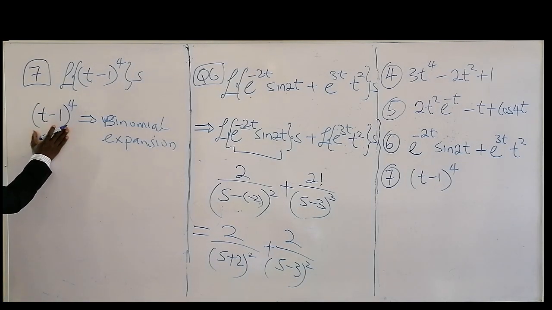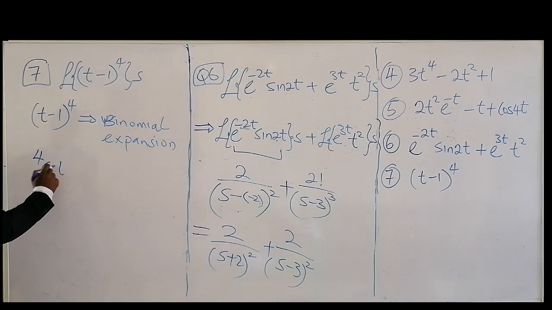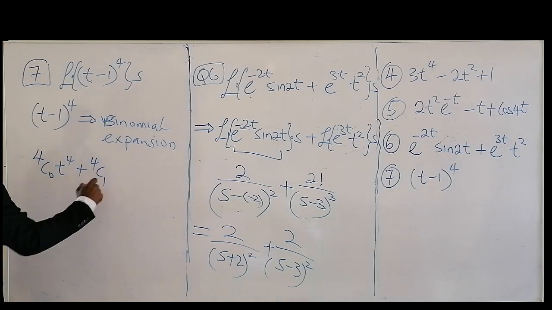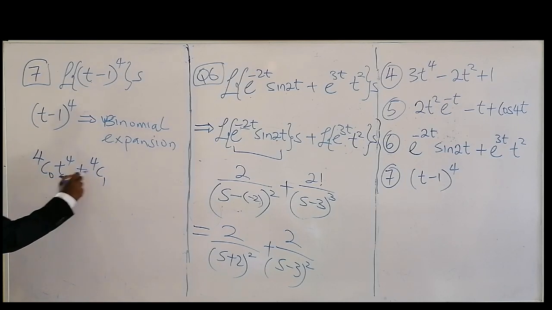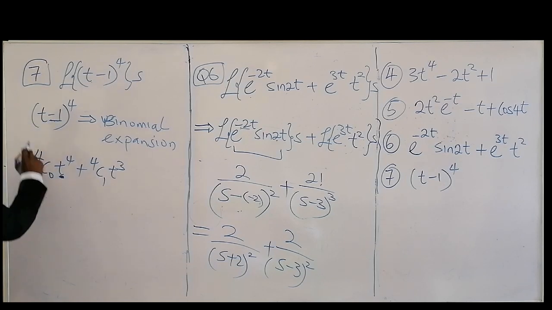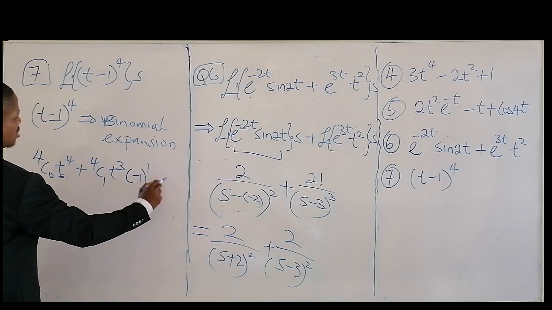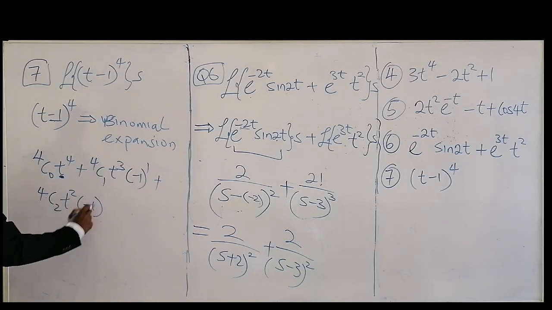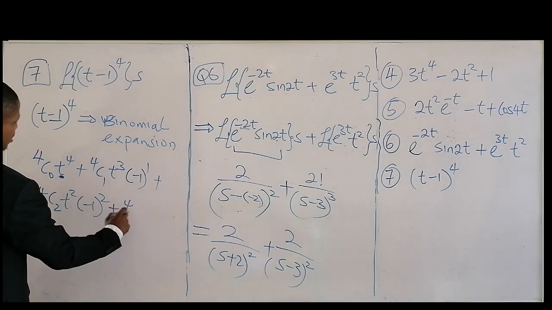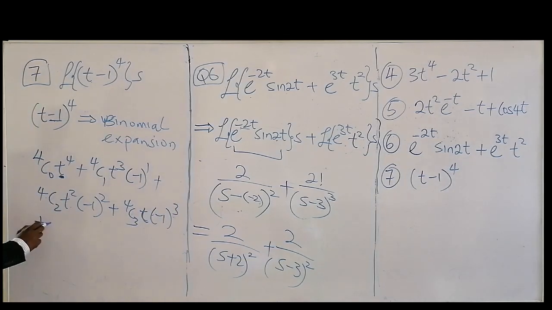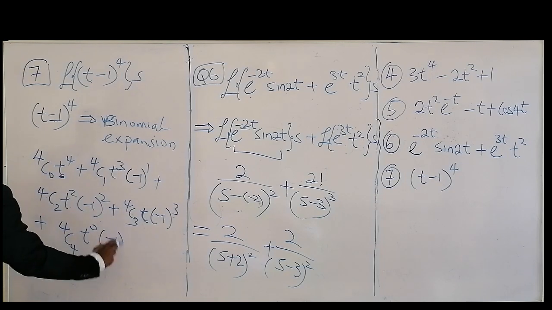For us to do the binomial of this, it's going to be 4 combination 0, t to the 4, plus 4 combination 1, t cubed, this will start reducing, and the other function will start appearing, minus 1 to the power 1, then plus 4 combination 2, t squared, minus 1 squared, then 4 combination 3, t, minus 1 to the power 3, then plus 4 combination 4, t to the power 0, and then minus 1 to the power 4.